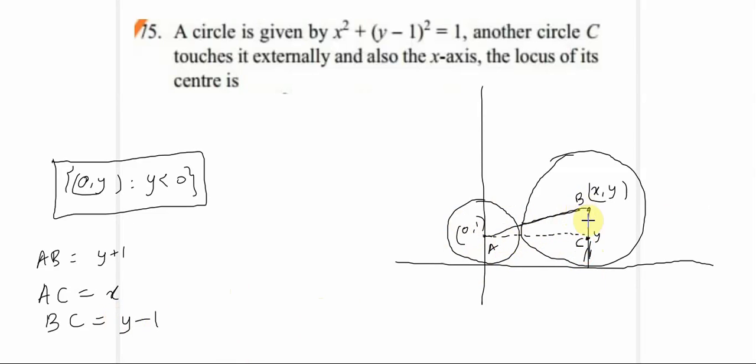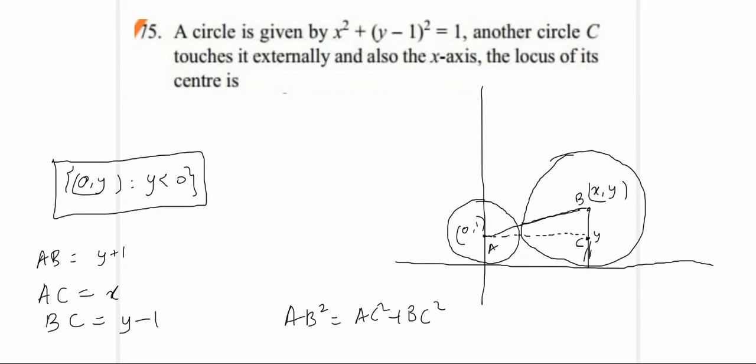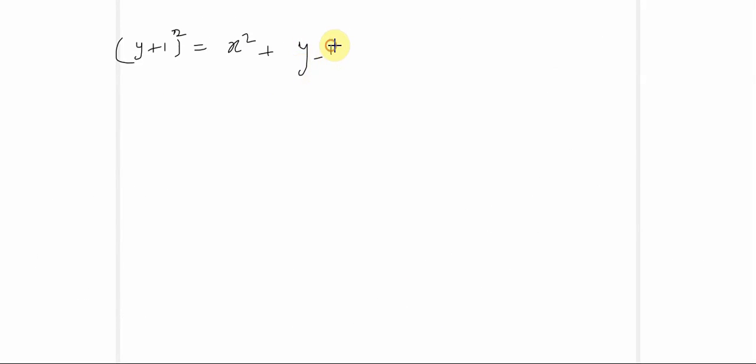Now by Pythagoras theorem, AB squared is AC squared plus BC squared. So AB is (y plus 1) whole squared, AC squared is x squared, and the last term BC squared is (y minus 1) squared. Let's expand it: y squared plus 2y plus 1 equals x squared plus y squared plus 1 minus 2y.